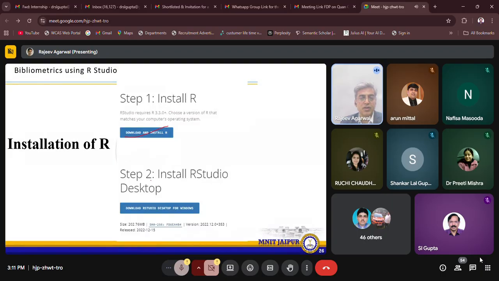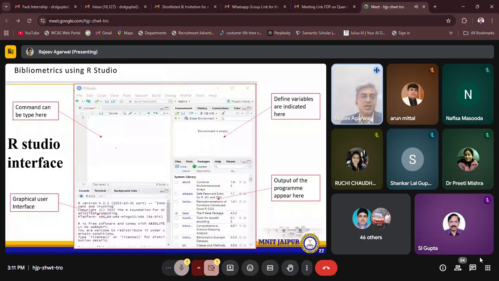Download and install RStudio, and this is the interface of RStudio. You need to type your commands here. You need to define variables here. You need to use the graphical user interface here.